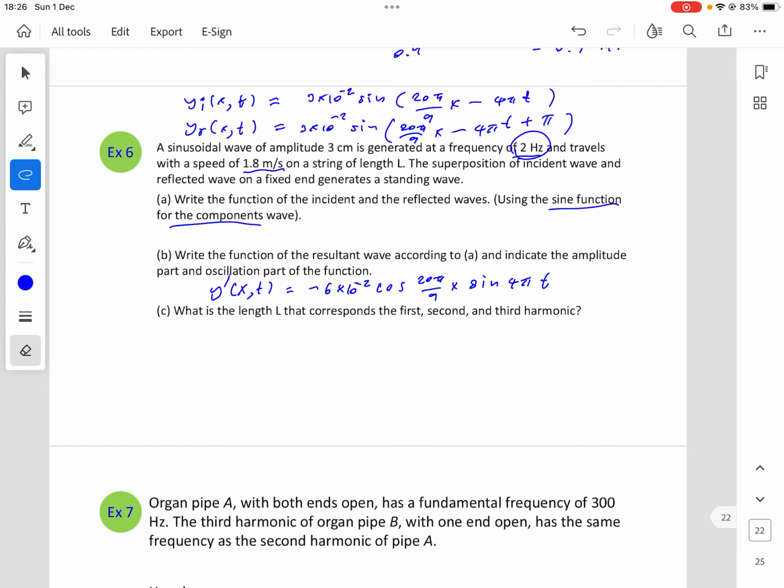Okay, and the answer for A will be this. And for C, what is the length L that corresponds to the first, second, and third harmonic? What is that?